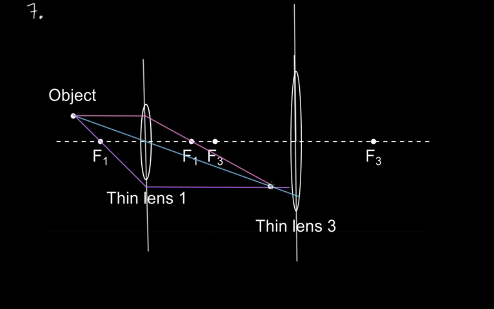So you can see the image once again is here. Now we trace our principal rays again, parallel to the axis, and then through the third focal point.